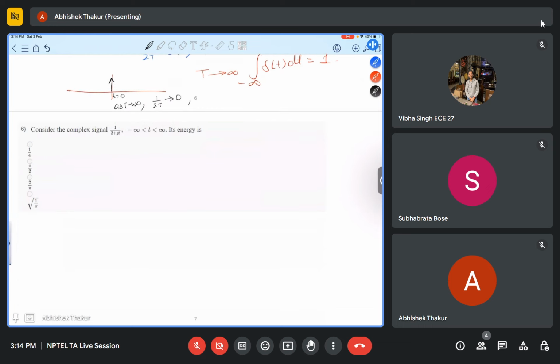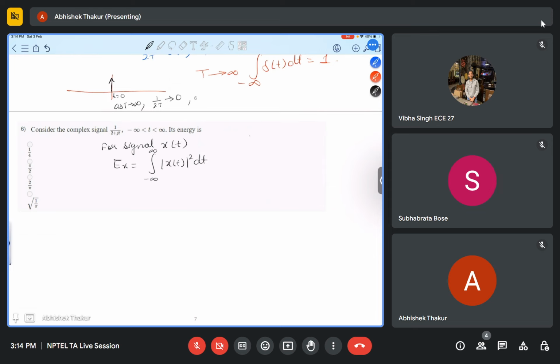So now given the complex signal 1 by 2 plus jt, we have to find the energy. So for signal x(t), energy is given as integration of mod of x(t) square dt.